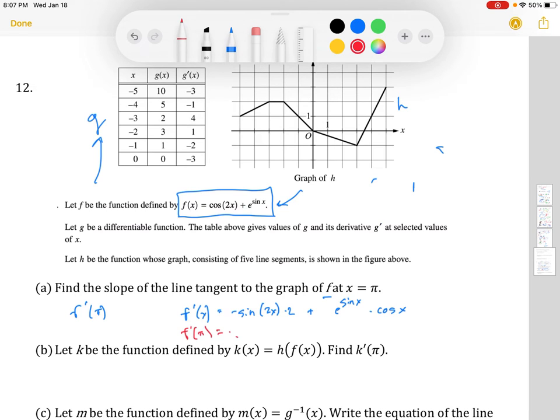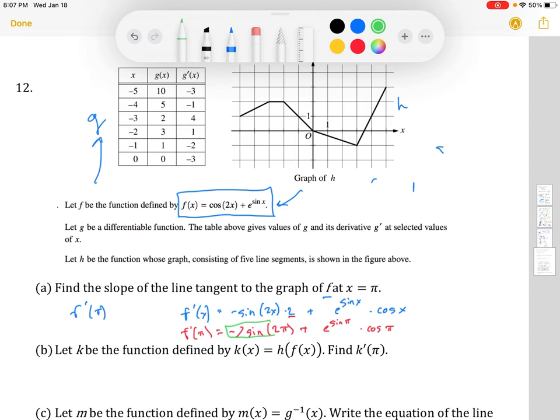So if I plug in pi, f prime of pi would be negative 2, right? 2 over here. And I would have sine of 2 pi. And then I would add e to the sine of pi times cosine of pi. Let's take care of those pieces. So sine of 2 pi is 0.